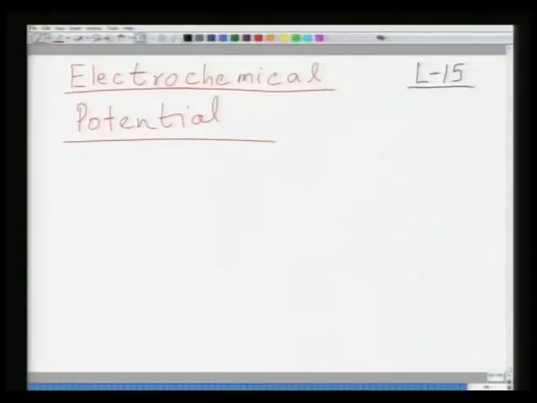So, let us assume we have a species I, which could be nothing but a defect.